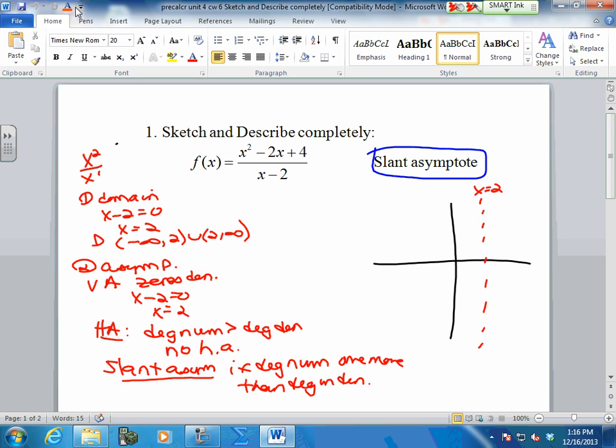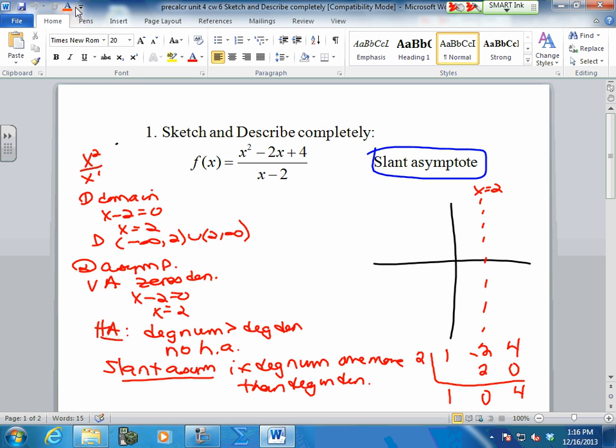So in order to find this equation, what we do is we synthetically divide this. Oh, but wait. It's much easier now. Let's set the denominator equal to 0. So a 0 is 2. 1, negative 2, 4. We bring this down. We multiply. We add this down. We multiply. We add this down.